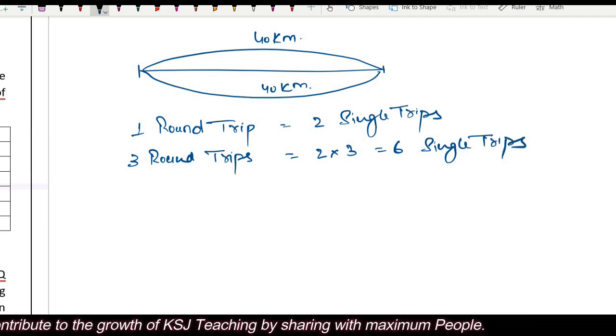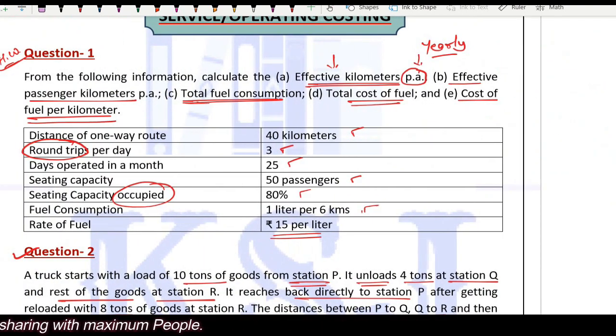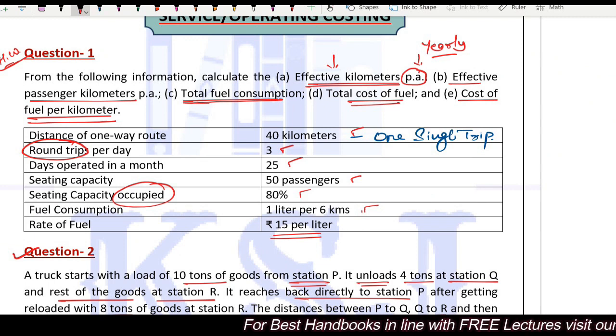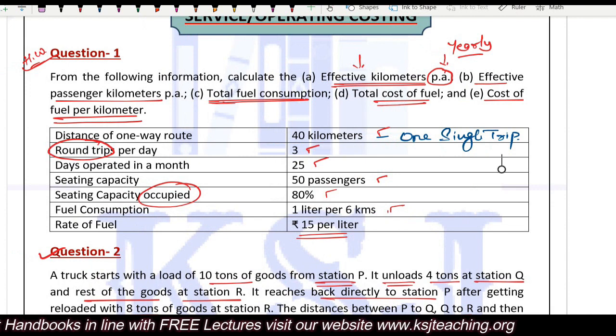And one way distance means this one way distance 40 kilometers, this is for one single trip. One single trip. Clear?